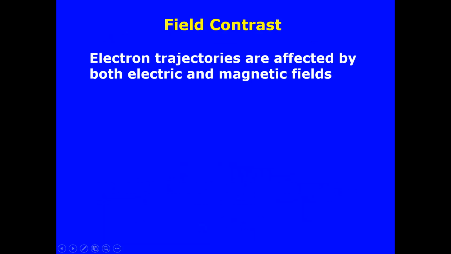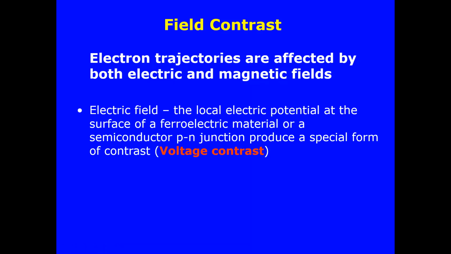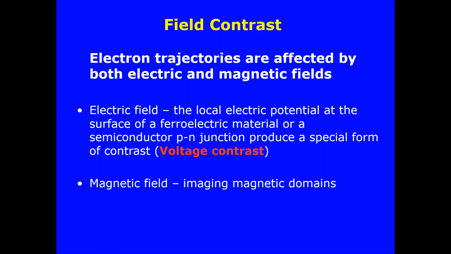Another feature in contrast is field contrast. Electron trajectories are affected by both electrical and magnetic fields. For the electric field, the local electric potential at the surface of ferroelectric materials or a semiconductor PN junction produces a special form of contrast that we call voltage contrast.